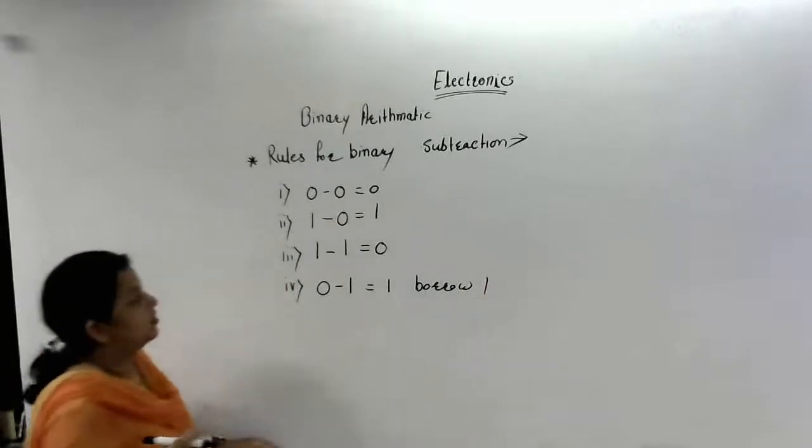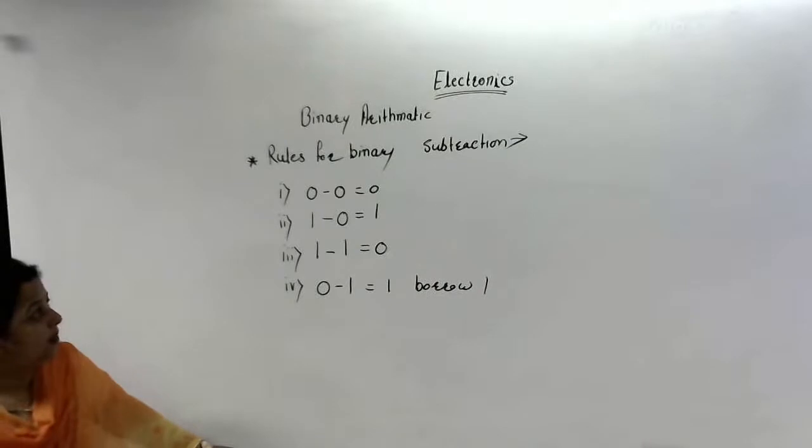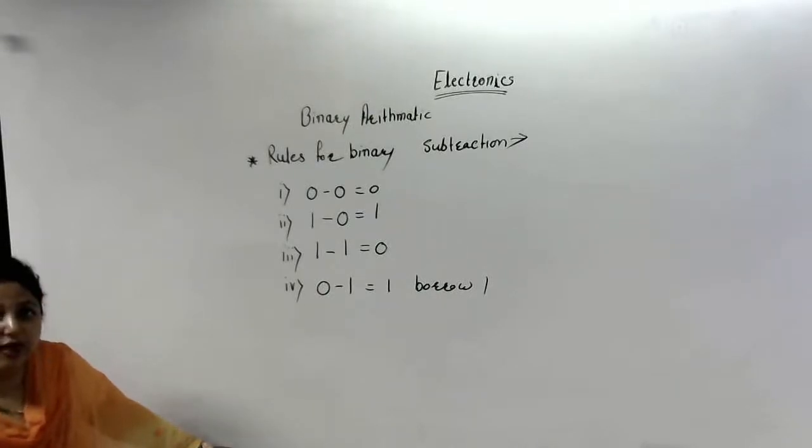This point is not so important to remember, the rules for binary subtraction, because we do not perform actual binary subtraction. We learn subtraction by using binary addition: subtraction by 1's complement and subtraction by 2's complement.